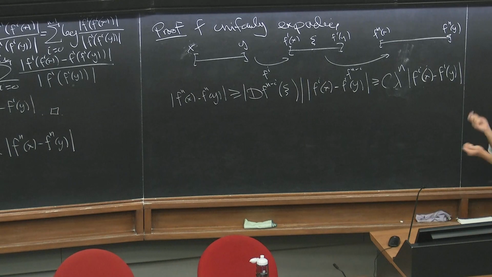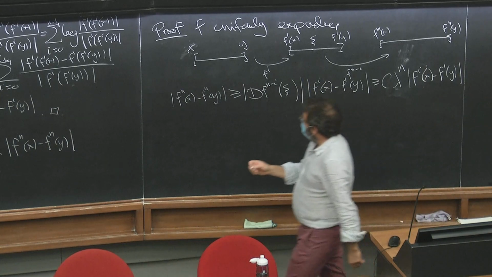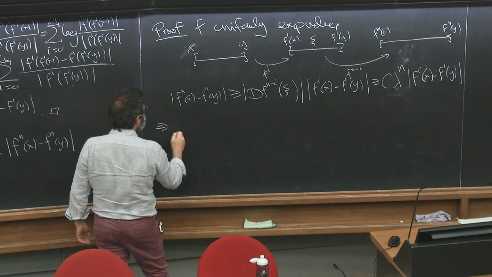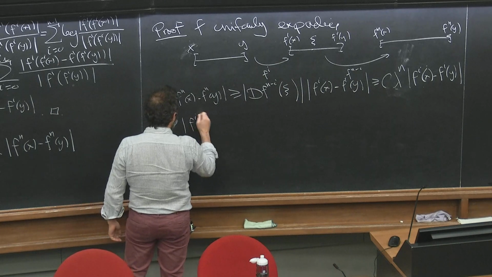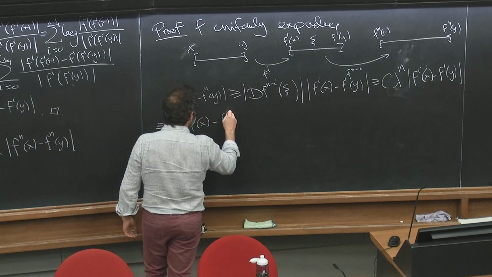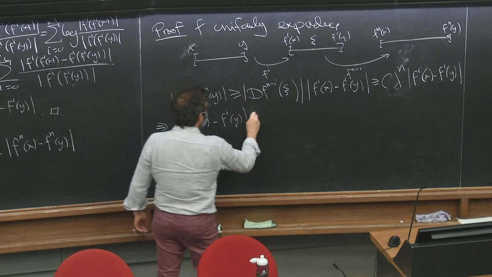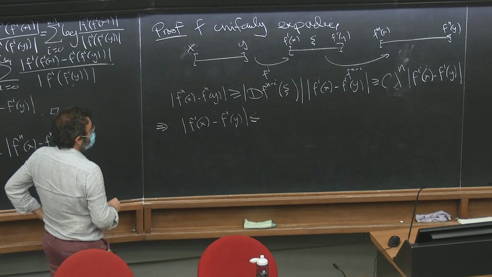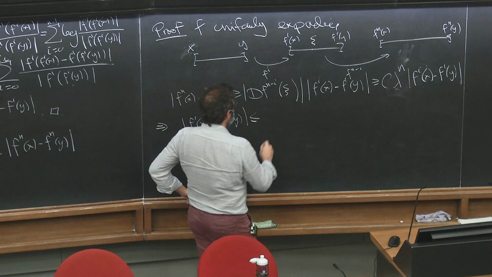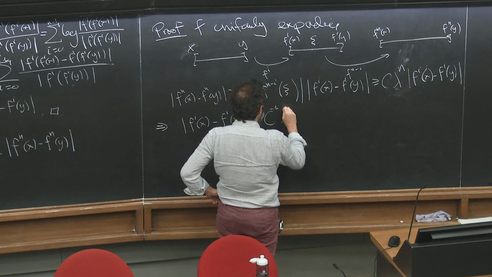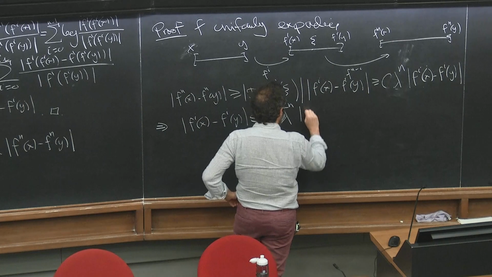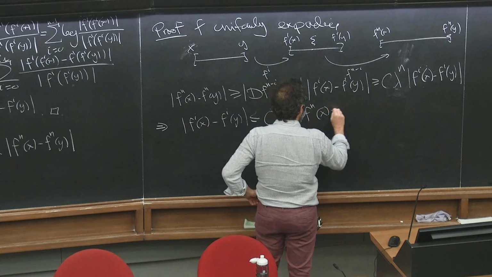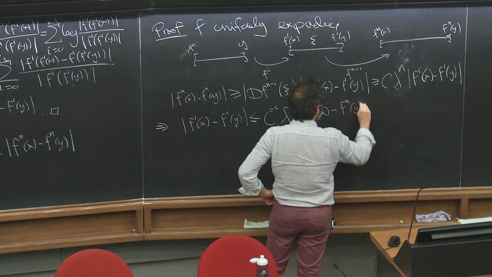And of course now this means that we can reverse. So this means that phi_i of x minus phi_i of y is less than or equal to c to the minus 1 lambda to the minus (n minus i) times f^n of x minus f^n of y.